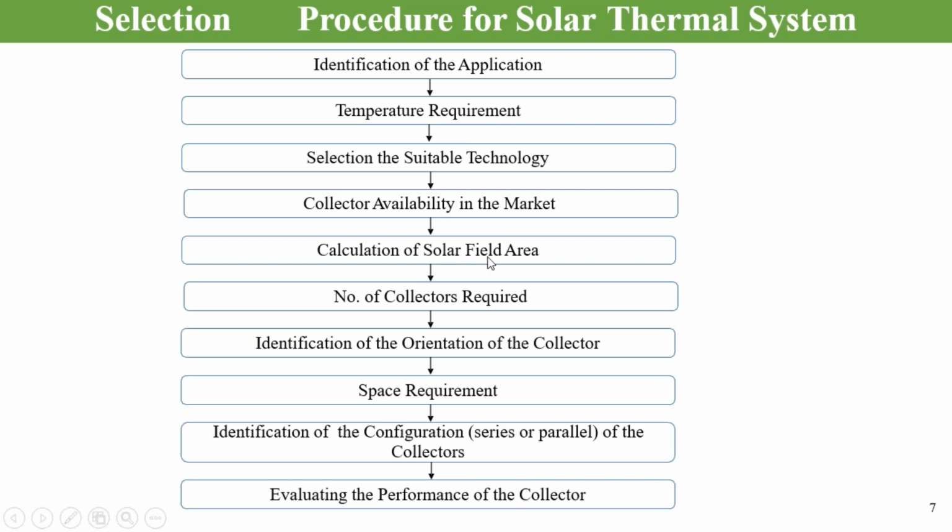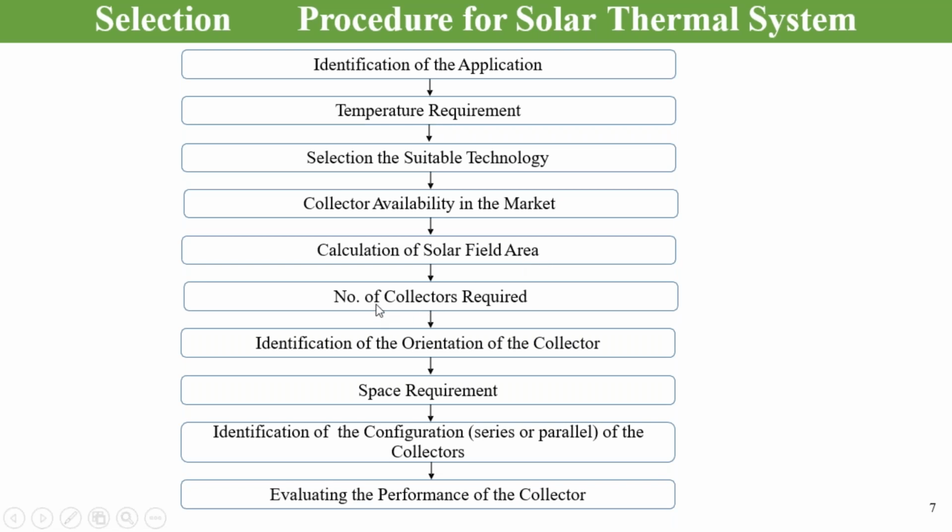That is one of the criteria, and we can say this is one of the challenges of solar thermal systems. That is why it is very popular in Rajasthan, where the availability of land is high and easily possible. So we have to think about the solar field area.